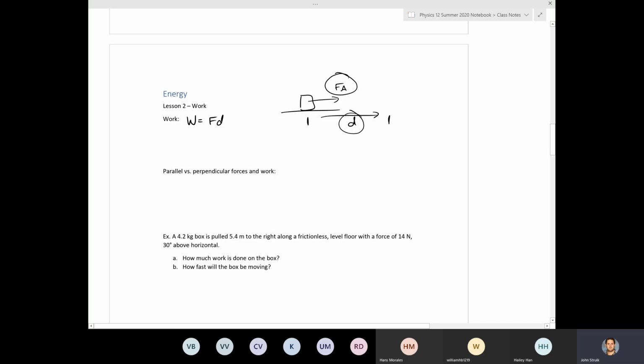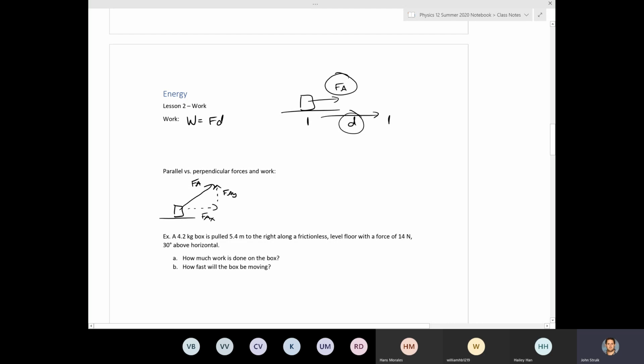If you have an angled force, so you're pulling it like that, then if you break this into components, part of the force, the FAX that's in the X direction, is doing the work, and then part of the force, FAY, isn't doing anything.